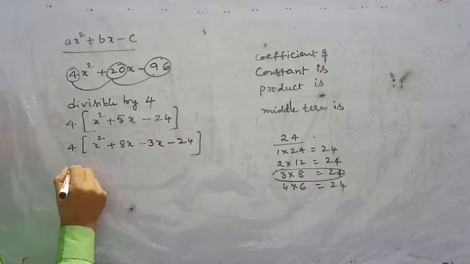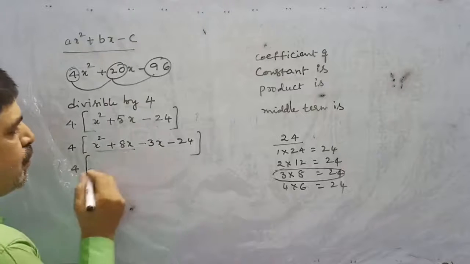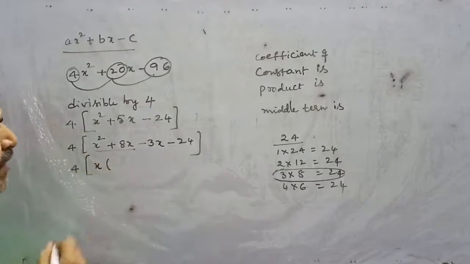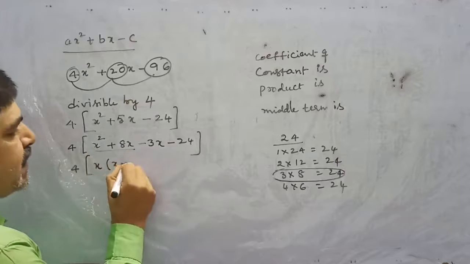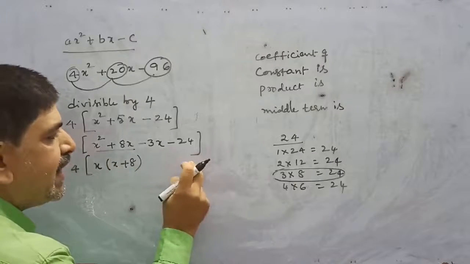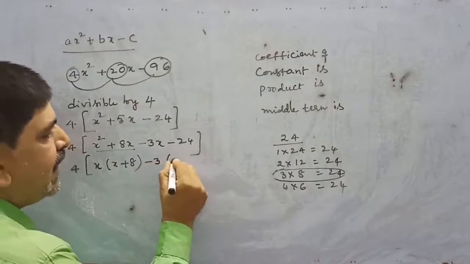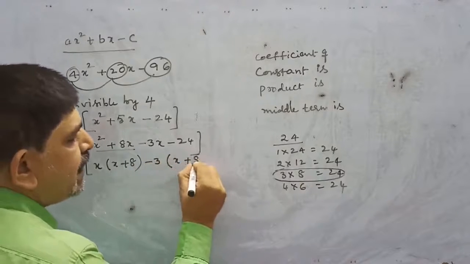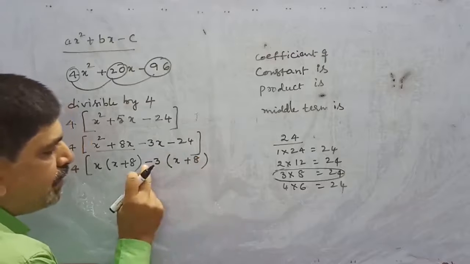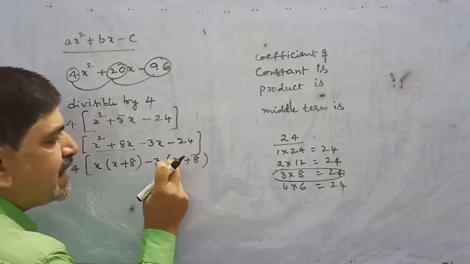Okay, now 4 is the first common factor. Next, from these two, x is the common factor, x plus 8. Next, the same factor we have to get here also, so you take out minus 3 as the common factor, then x plus 8.